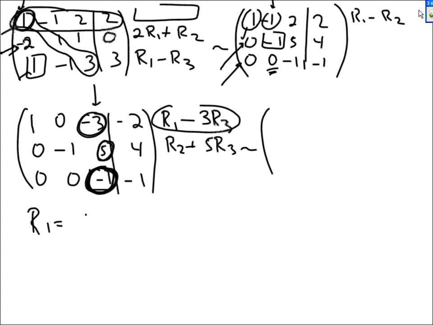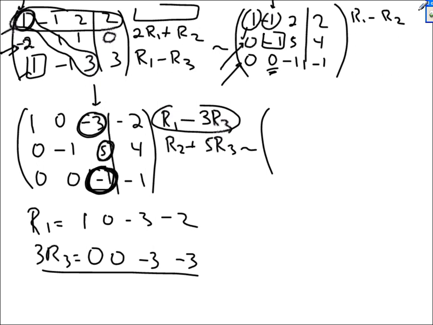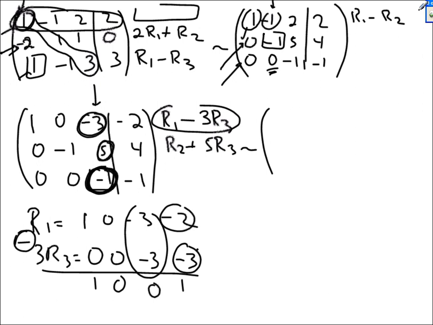Row 1 is just 1, 0, negative 3, negative 2. 3 row 3s are 0, 0, negative 3, negative 3. If you want this to be 0, you subtract. 1 minus 0, 0 minus 0, negative 2 minus negative 3 is 1. So you get 1, 0, 0, then 1.